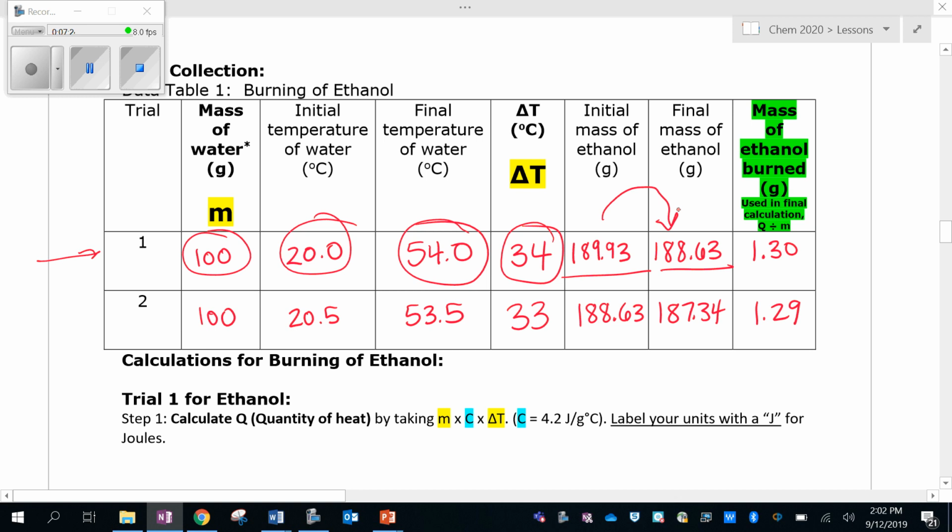Again, it should lose mass because that fuel is being converted into energy, and so it's losing mass as it is basically turning into carbon dioxide and water, so the mass isn't just disappearing, but what's also released is some thermal energy. And so this is showing the difference of the before and after.